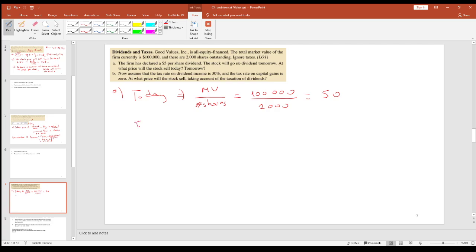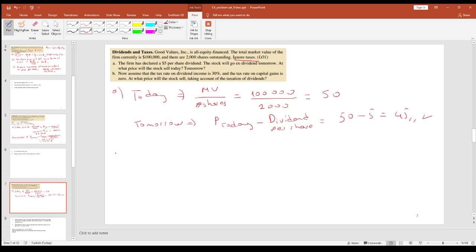So tomorrow's price, we learned from the previous problem, is price today minus cash dividend per share. So $5 per share, which means 50 minus 5, which is 45. If I ignore taxes, do not forget please, if I ignore taxes.